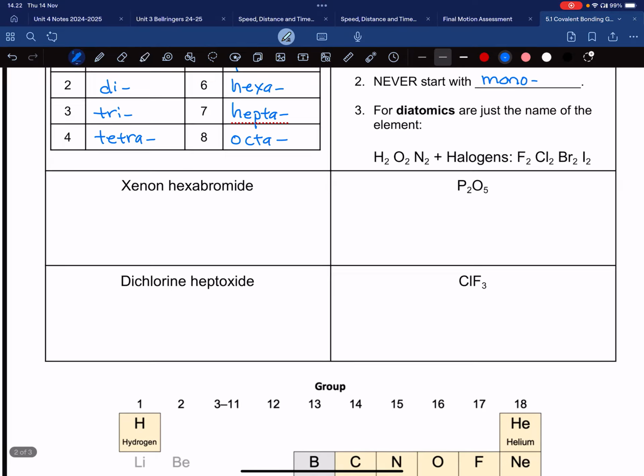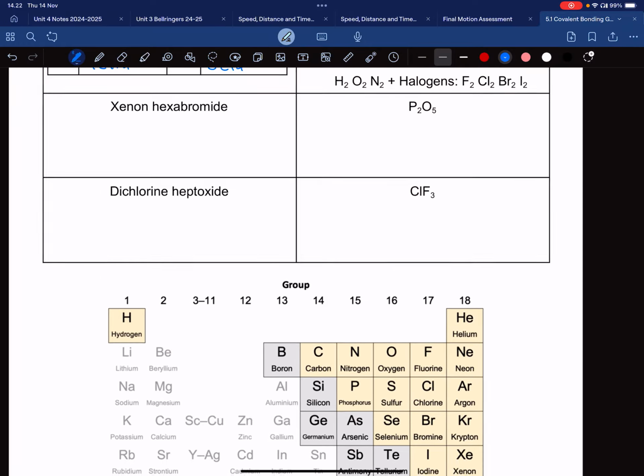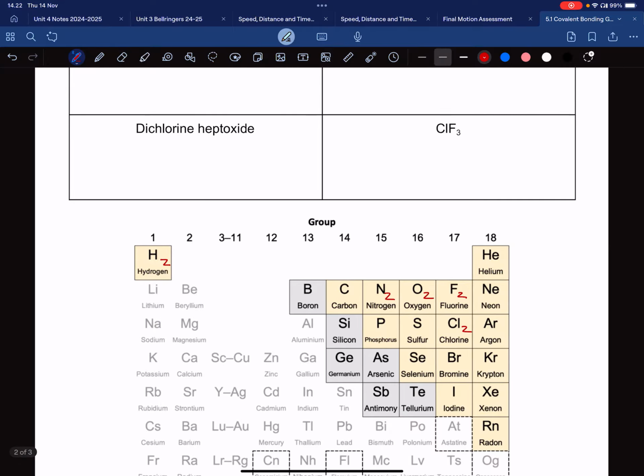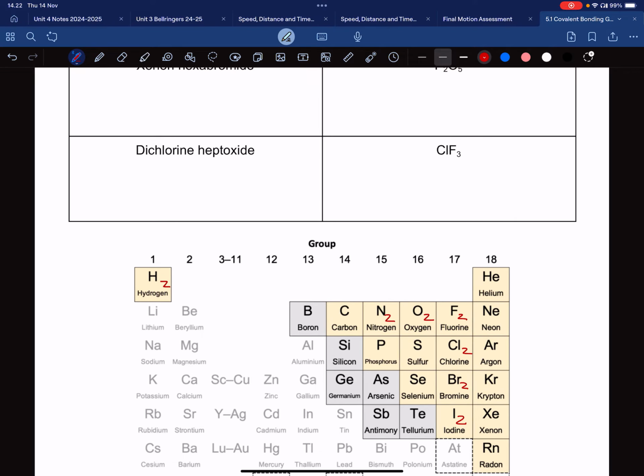And then there are diatomics, okay? So the diatomics are always in the form of 2. So H2, N2, O2, F2, Cl2, Br2, and I2. So that basically is this group of elements here and all of the halogens, all right?